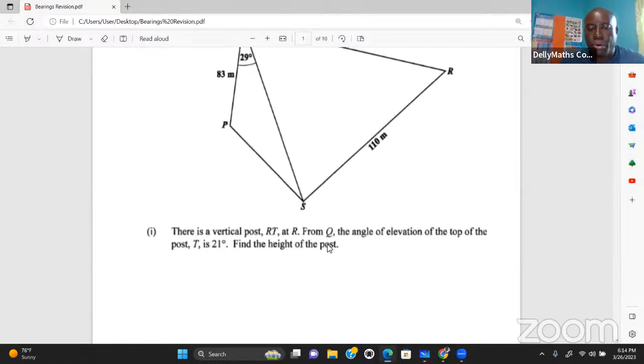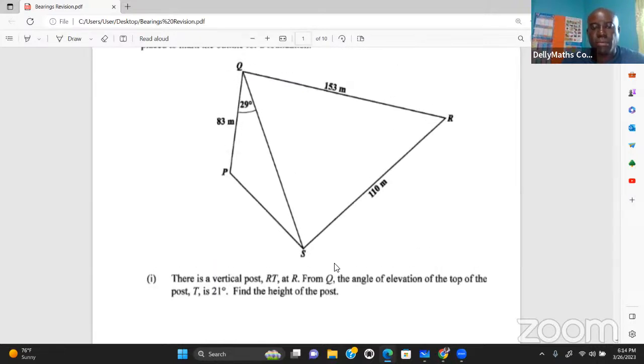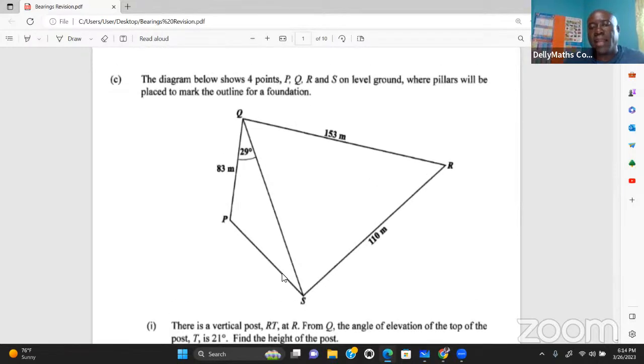More information: the angle of elevation of the top of the post T from Q is 21 degrees. Find the height of the post. We want to look at that very quickly.